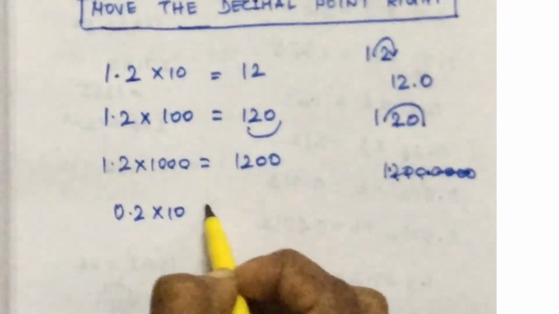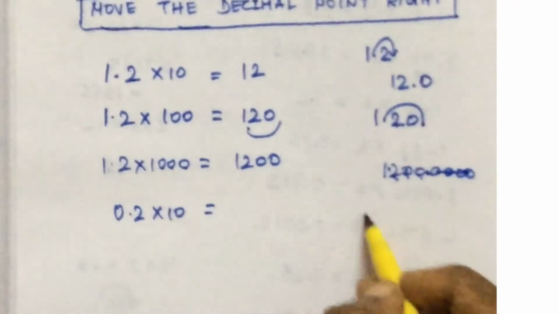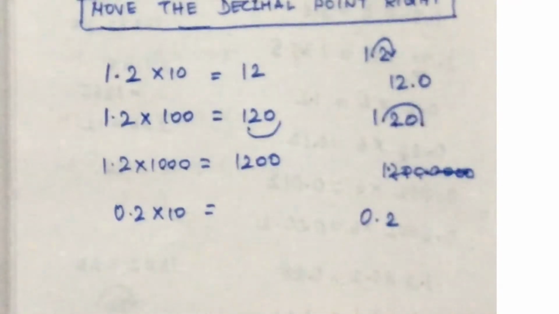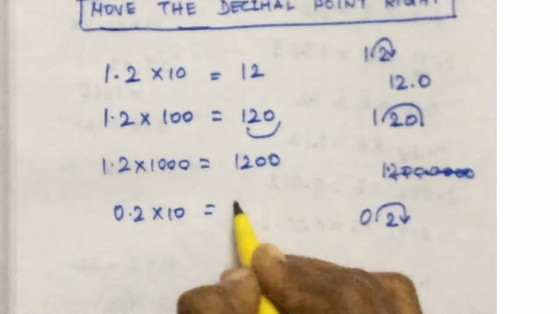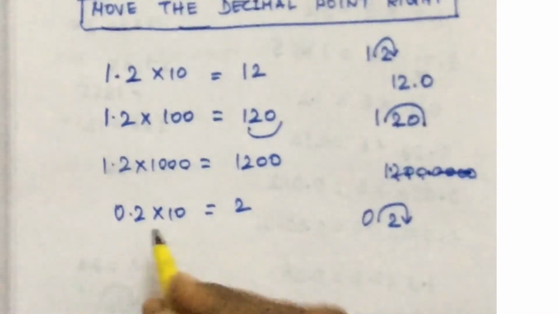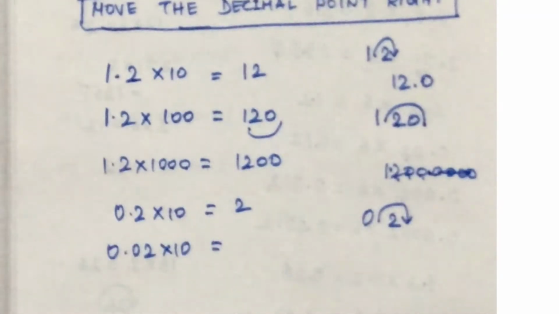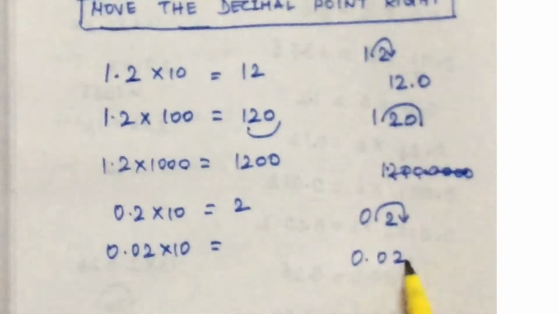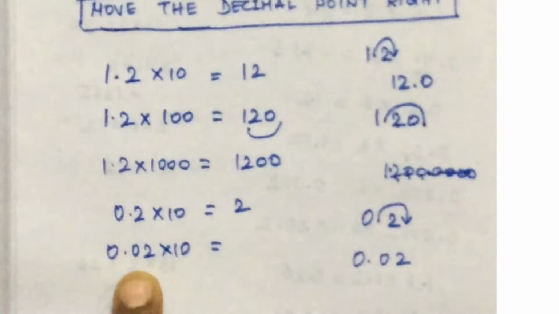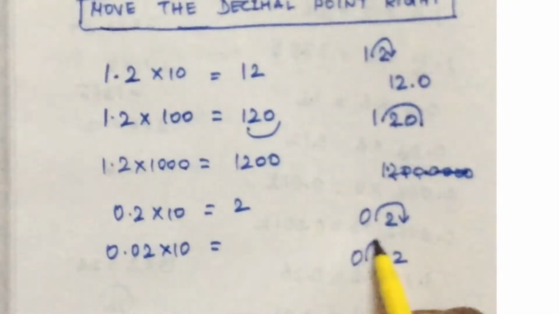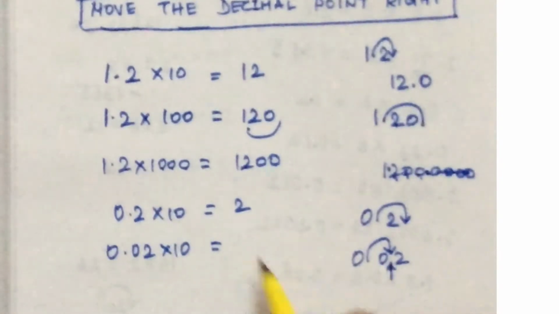Now we will see what will happen with 0.2 multiplied by 10. There is only 1 zero here, so the point will come here, which is 2. Then 0.02 multiplied by 10: move the decimal point 1 digit right, which is 0.2.